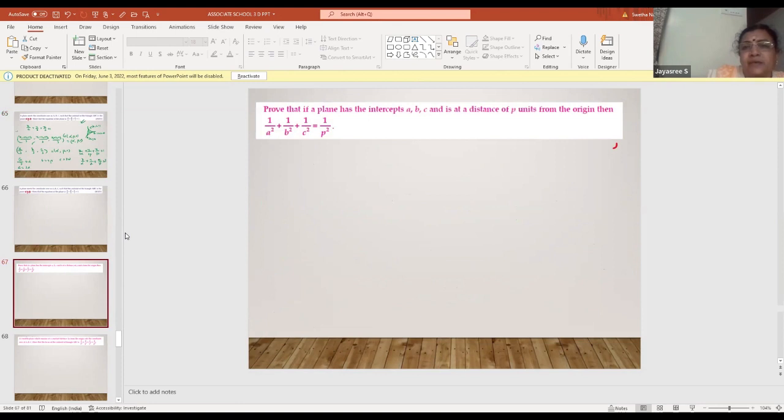Next, this is a reader question. Prove that the plane which has intercepts a, b, c and is at a distance of p units from the origin satisfies a relation. So the distance of the plane from the origin is given to you as p units.